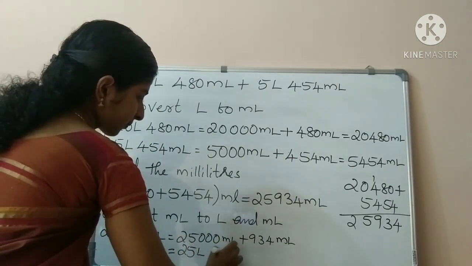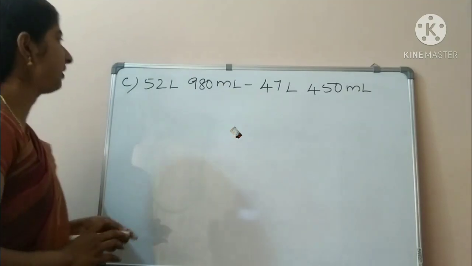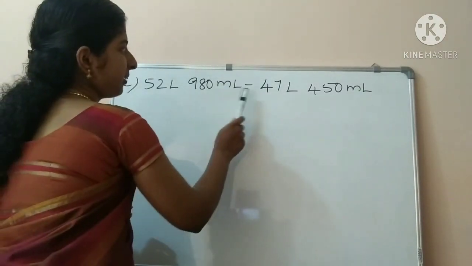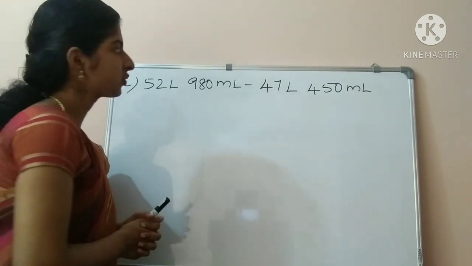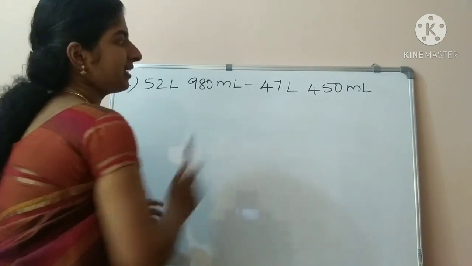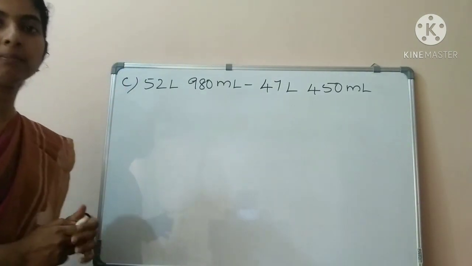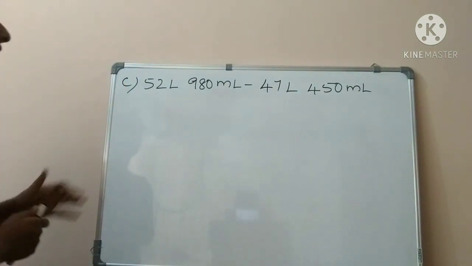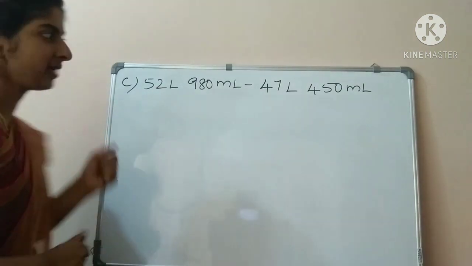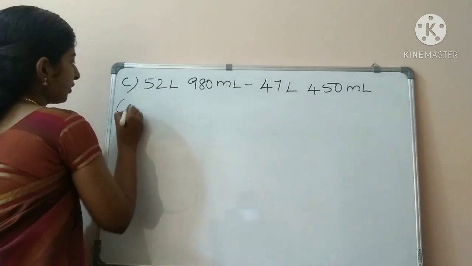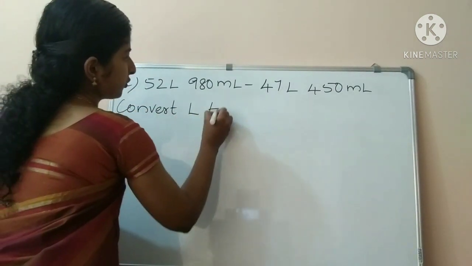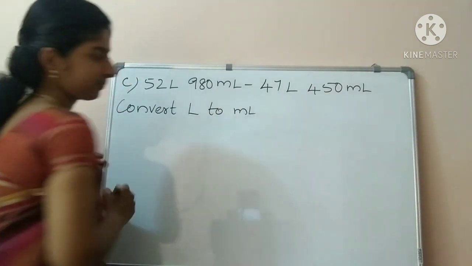934 milliliter. Now, 52 liter 980 milliliter minus 47 liter 450 milliliter. First, here also convert this liter to milliliter.